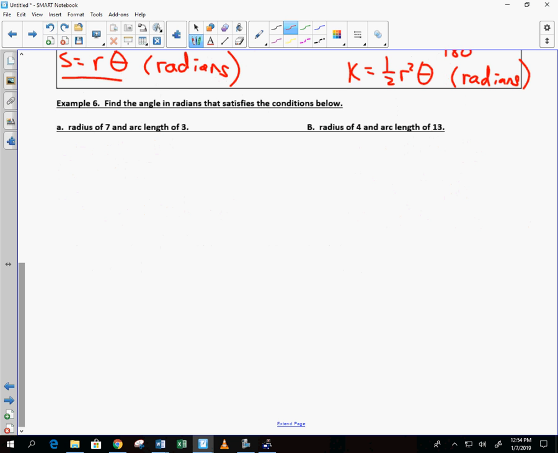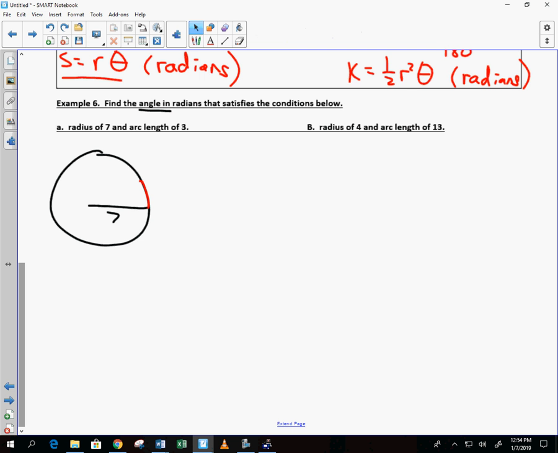All right. It says, find the angle in radians that satisfies the conditions. We have a radius of 7 in a circle and an arc length of 3. We would like to find theta. We can use our formula for arc length, which is very simple: S, the arc length, is equal to r times theta.